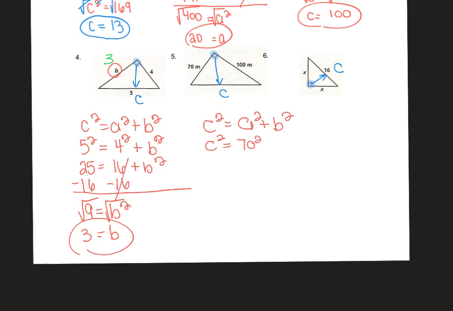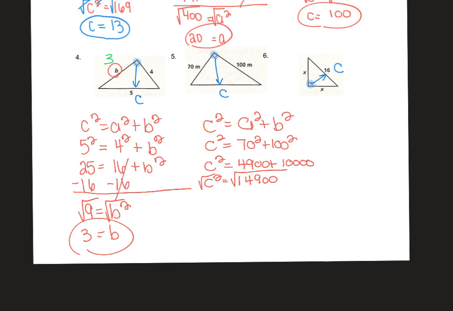I know that A and B are 70 and 100. So I get 4900 plus 10,000. 14,900.